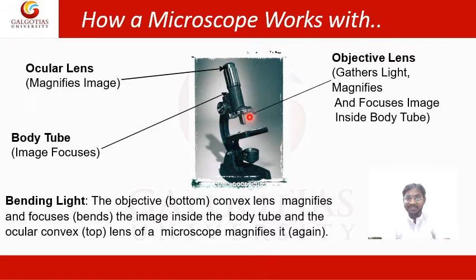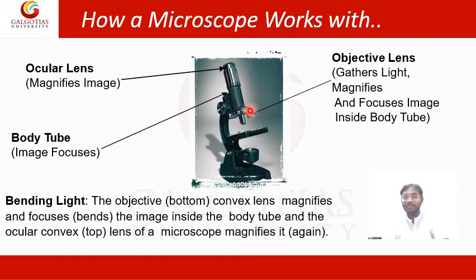First of all, you can see here the objective lens. We have three different types of objective lens: low power, high power, and oil immersion. Low power is 10x, which magnifies 10 times. A microorganism's size is around 0.1 micron, so it must be increased before you can observe it by microscope.